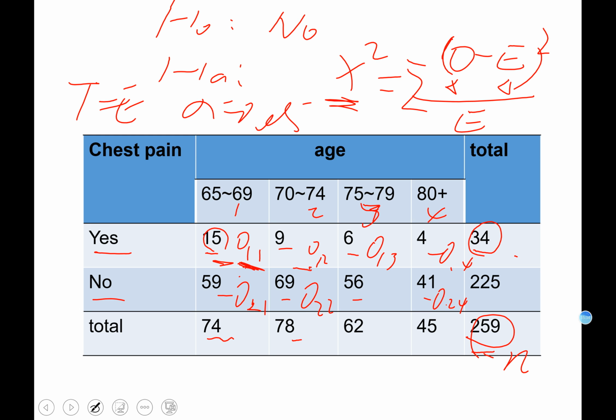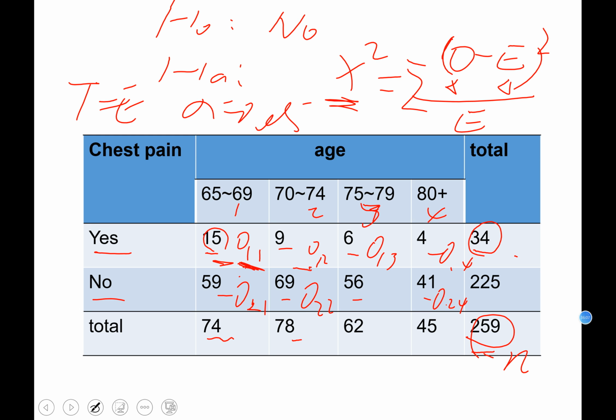The standard chi-square value can be found from our textbook, table A. Let's find it from table A5. We can find it from table A5.